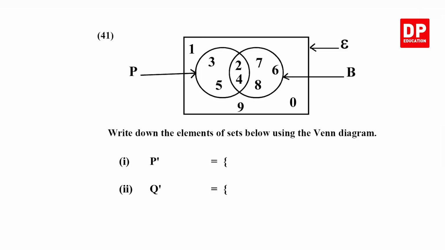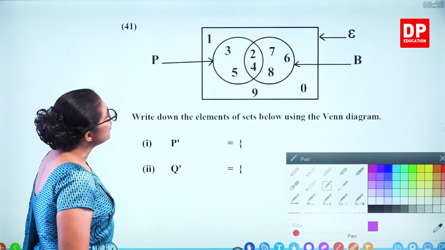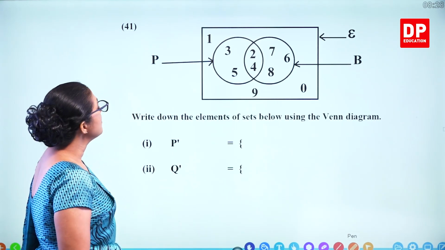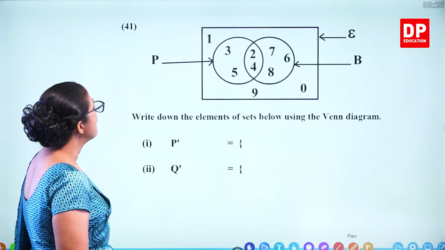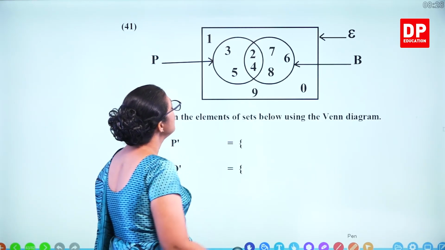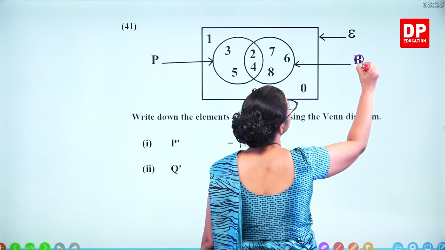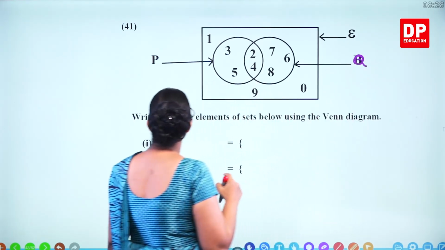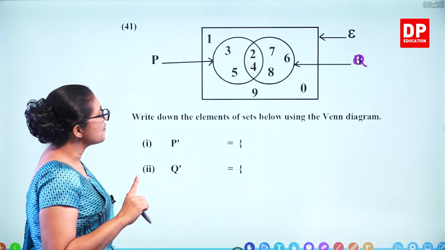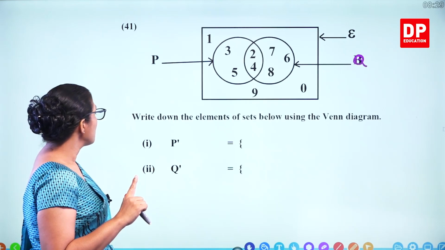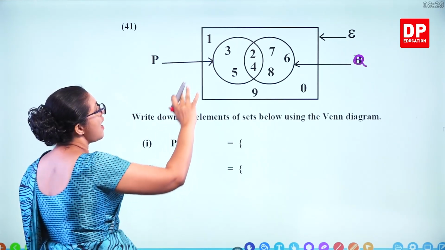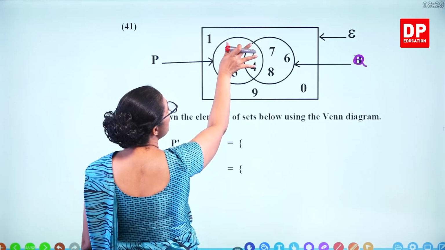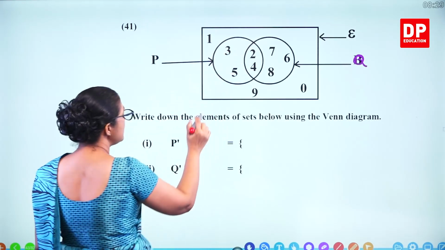Look at this question. Write down the elements of sets below using the Venn diagram. So this is P and Q because this is given P and Q. P dash, everything outside P. So what you can do, you close the P circle and write down all the digits.